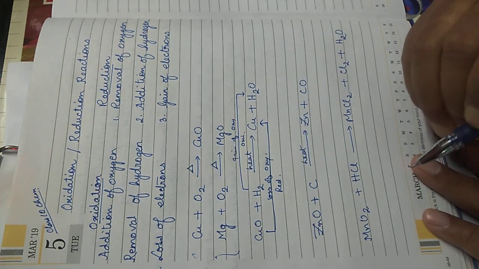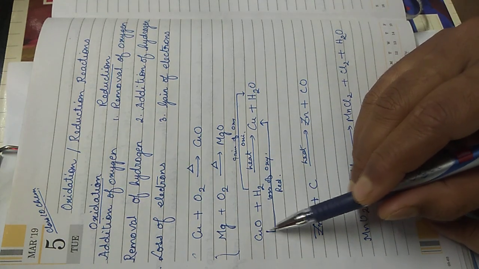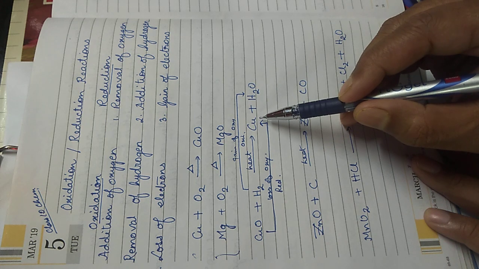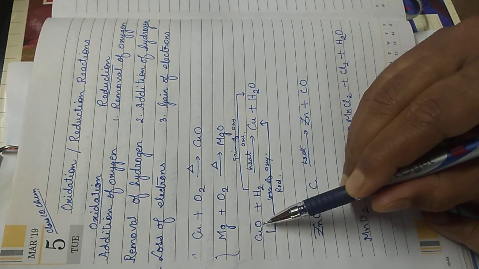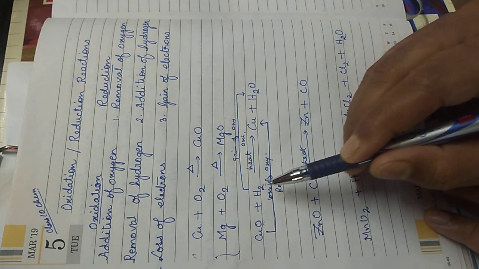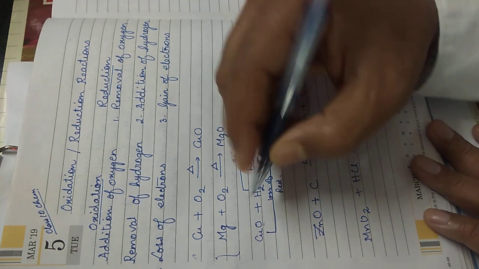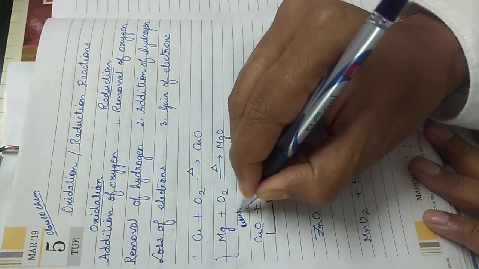Now one more thing we have to know here. Copper oxide is losing oxygen. Who is helping copper oxide to lose this oxygen? It is hydrogen, because hydrogen is taking away this oxygen. So hydrogen is helping in the process of reduction. Therefore, hydrogen is called the reducing agent.